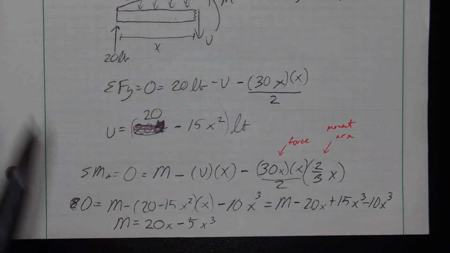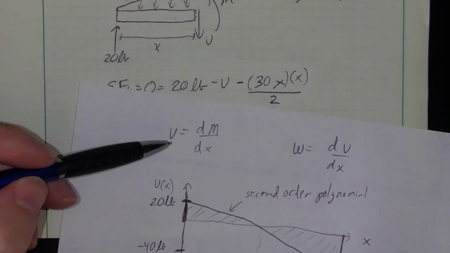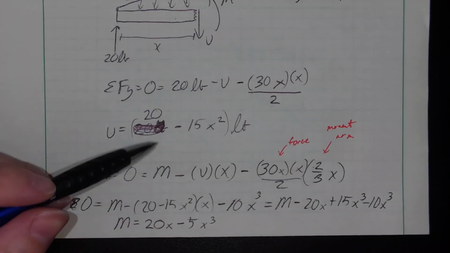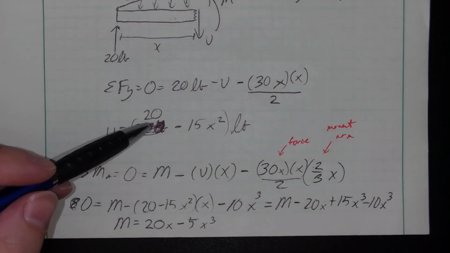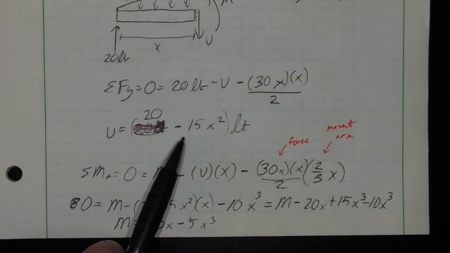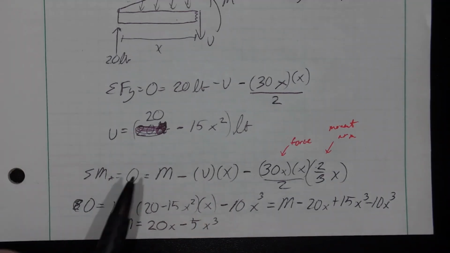Now, a good check here is I've got the expression for moment. Remember, shear is the derivative of moment. I've got my moment equation here. If I take this derivative with respect to x, I should get this expression. So far, so good. If I take the derivative of this expression, it should give me the distributed load, I should get 30x.